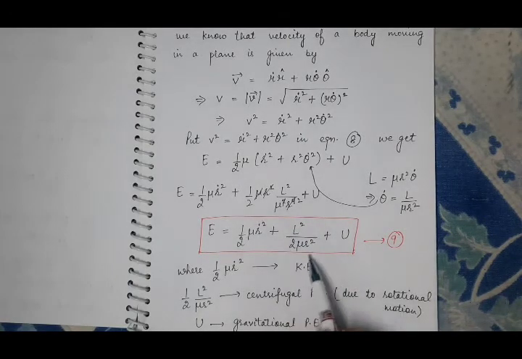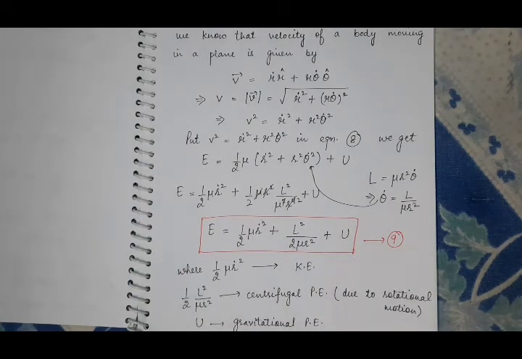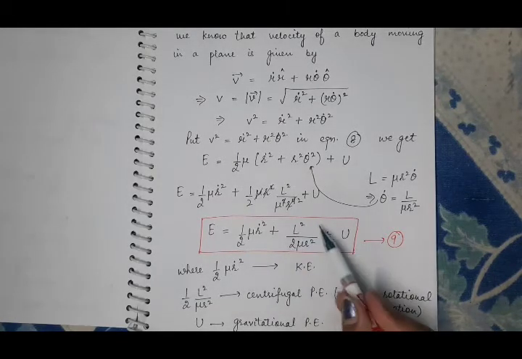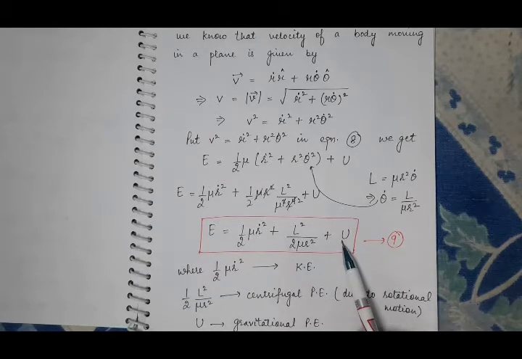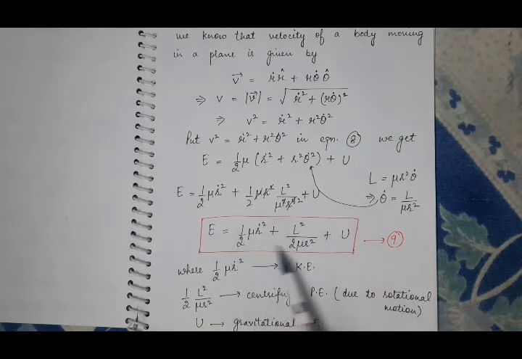And L square by 2 mu r square, because the smaller mass m will exhibit rotational motion under the effect of the gravitational force by the mass capital M, is the centrifugal potential energy due to the rotational motion of the body. And this U is because of the gravitational force. It is the gravitational potential energy of the system. So equation 9 is the expression for the total energy of the reduced mass.